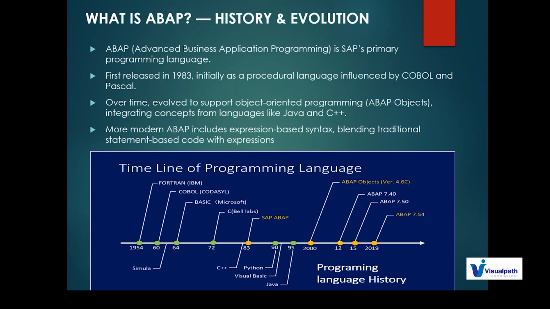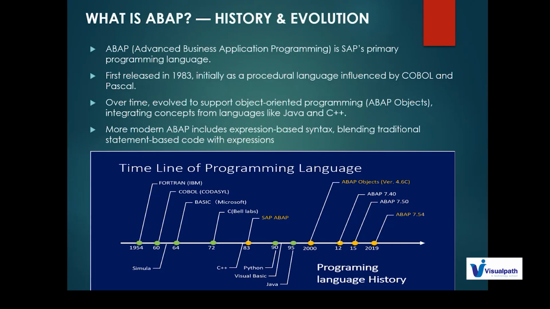He was another level of genius, who gave us the SE24 transaction. Then modern ABAP includes expression-based syntax. If you see in the figure, it got introduced in 1954 by Fortran and COBOL. Five people came out of IBM and created a new company, SAP, and since then it moved on.